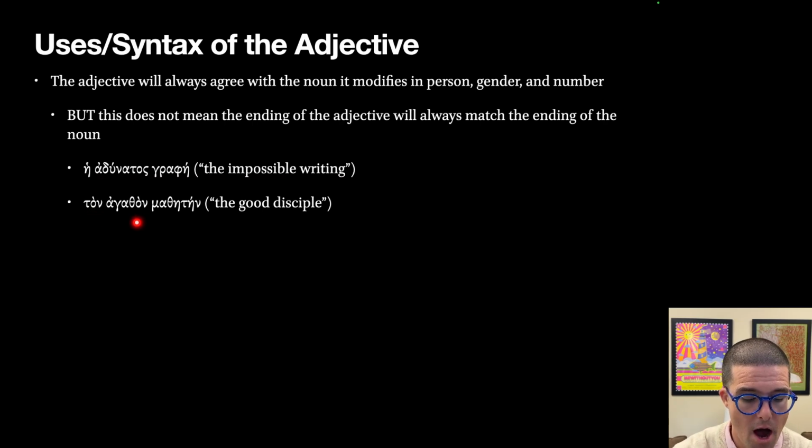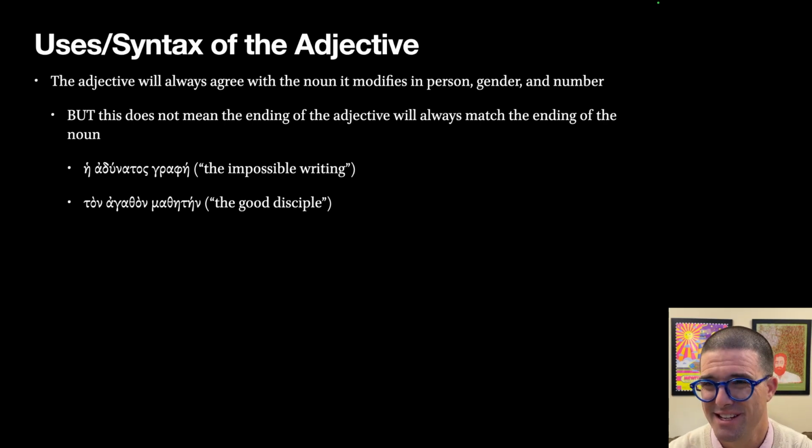And then ton agathon down here, we have ton looking like the ending of agathon here. These two sort of match one another. They look the same because they could be accusative masculine singular, or they could, technically speaking, be neuter. In this case, they are probably masculine because disciples in the New Testament normally are masculine with respect to grammatical gender.